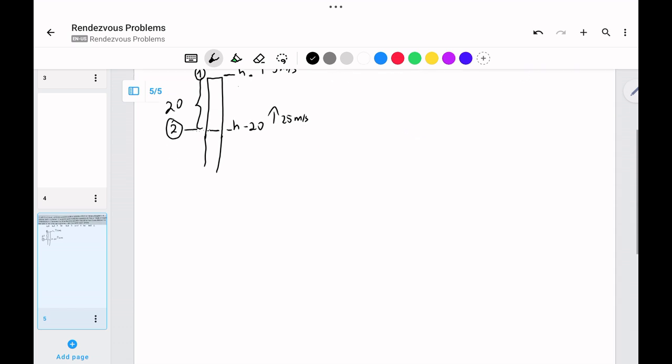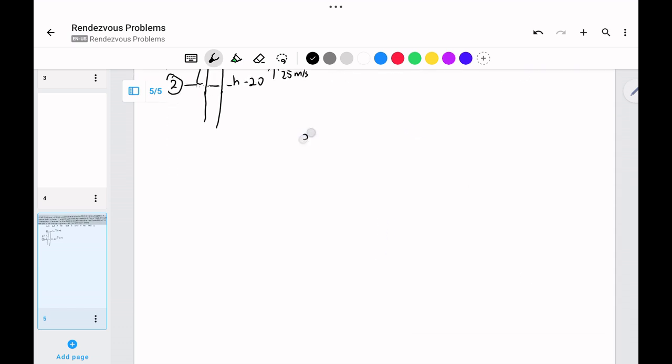Okay, now let us solve this equation. So x final object 1 equals x final object 2, and x final is x initial plus displacement. Let's write this a little bit better: x initial object 1 plus displacement object 1 equals x initial object 2 plus displacement object 2.